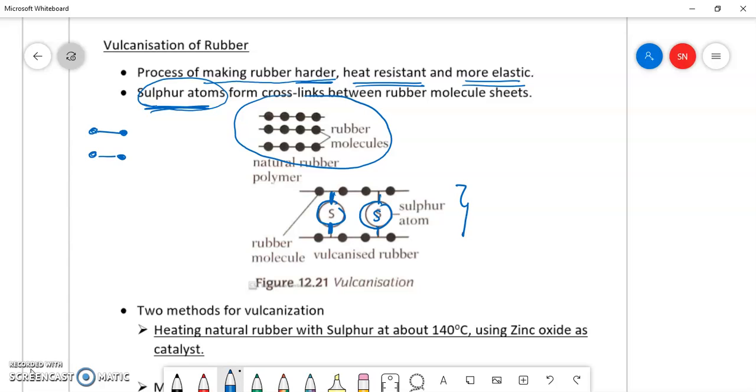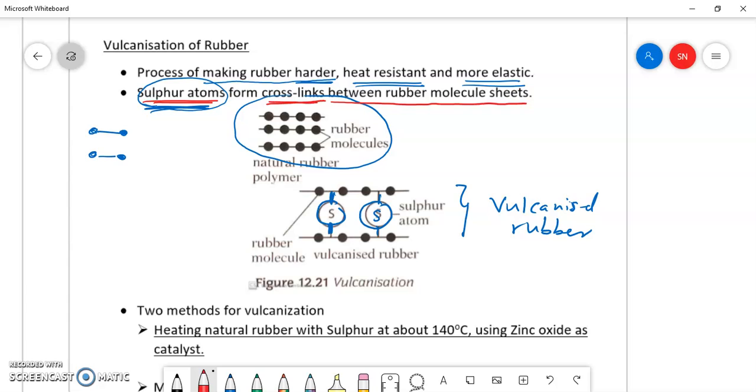In this form, when sulfur is added in, it is called vulcanized rubber. Vulcanized rubber is stronger, more heat resistant, and more elastic. You have to remember, when you talk about the structure of vulcanized rubber, you talk about sulfur atoms forming cross links between the rubber molecule sheets.